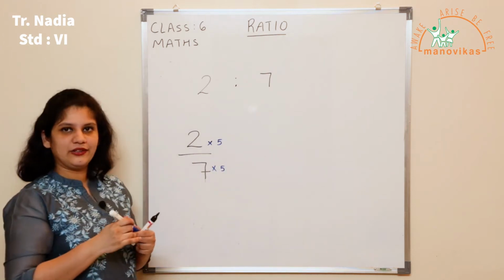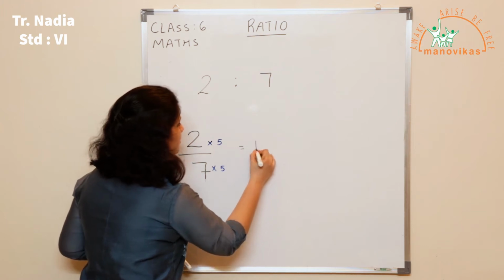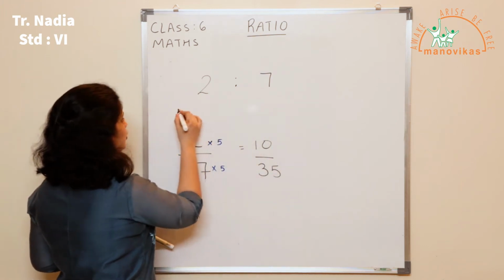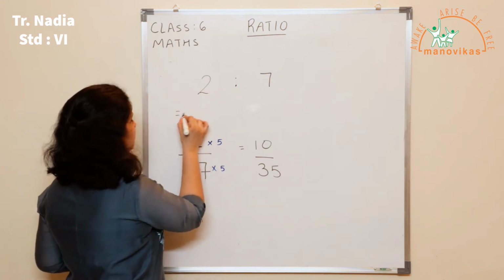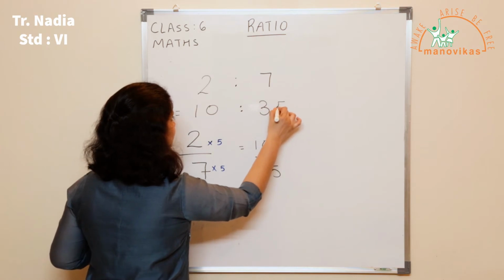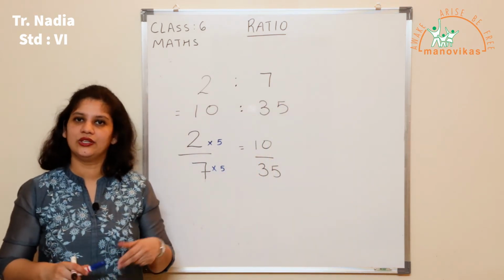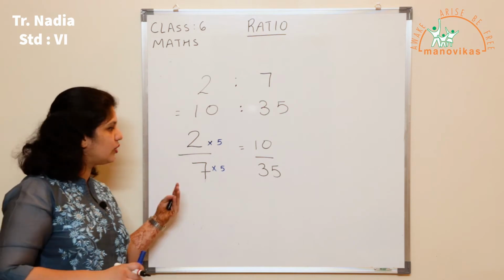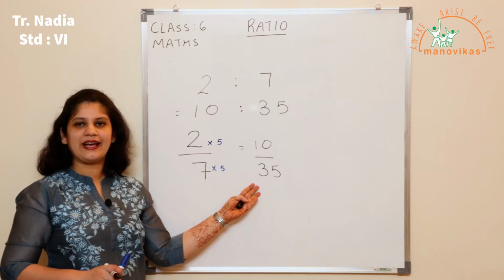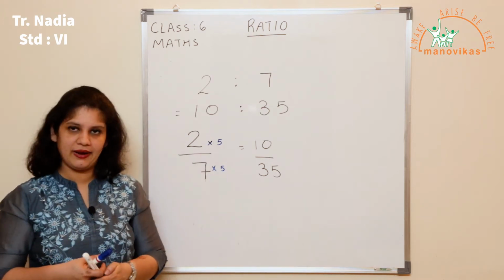I'm going to multiply the numerator and denominator by 5. So this fraction will become 10/35. So this ratio can also be written as 10:35. So you can either reduce ratios just like how you reduce fractions, or you can also get another equivalent ratio. So these things please keep in mind.